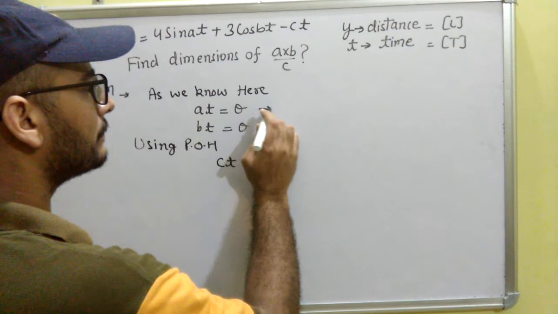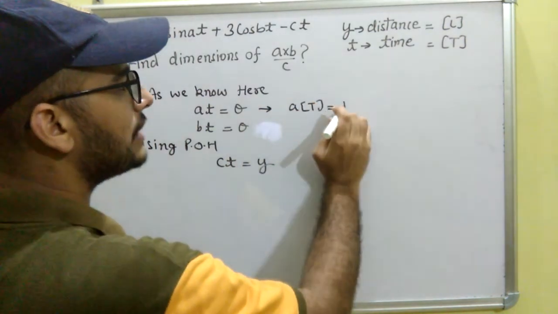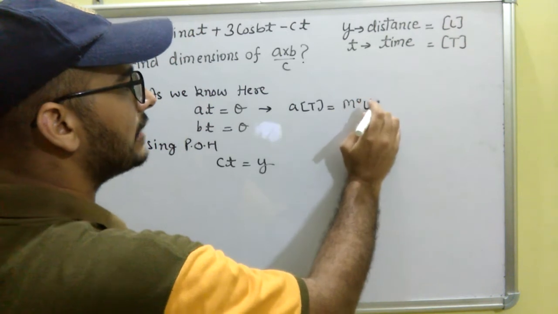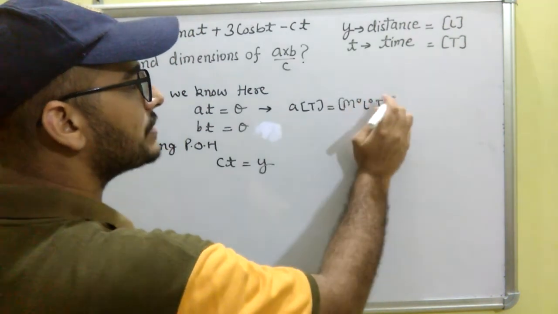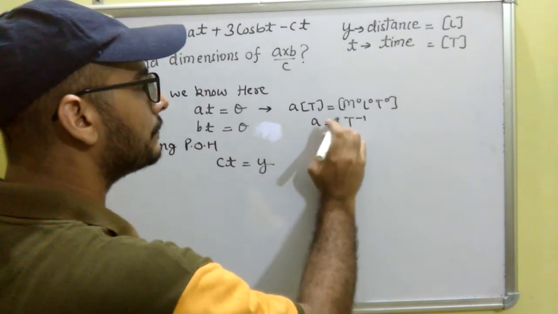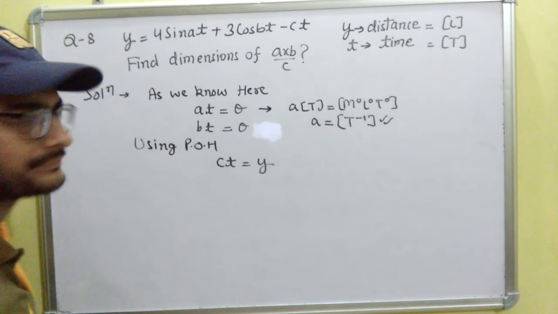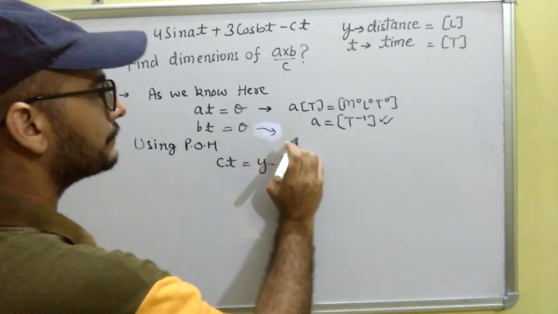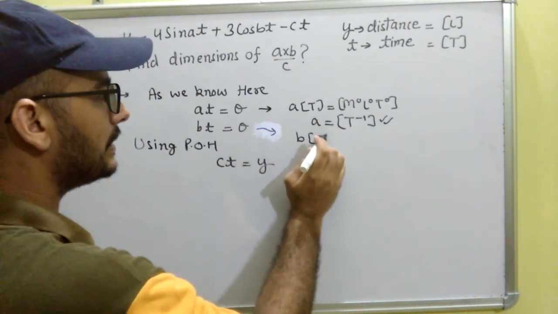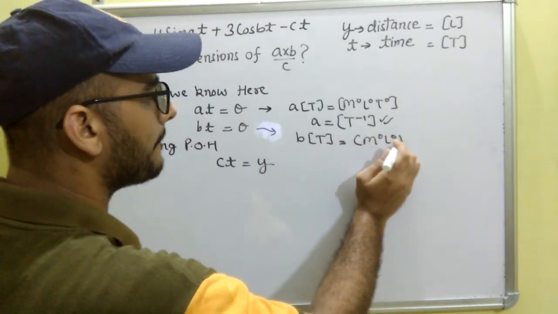Now let's solve this. So At, and here on the right hand side you have dimensionless, M0 L0 T0. Angle is dimensionless. So A will be equal to T to the power minus 1. So we have got the dimension formula for A. Now let's calculate for B. Now t is the time, angle is dimensionless.